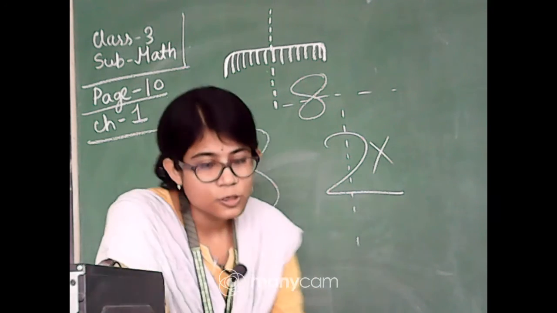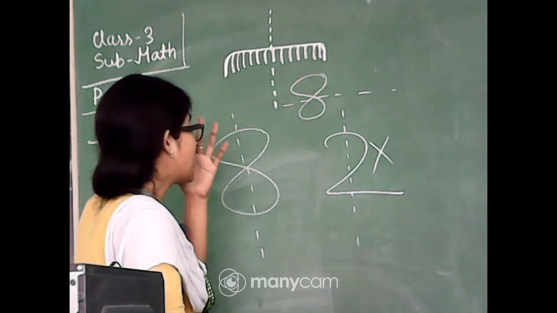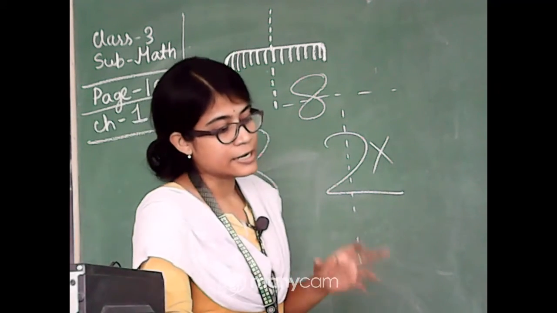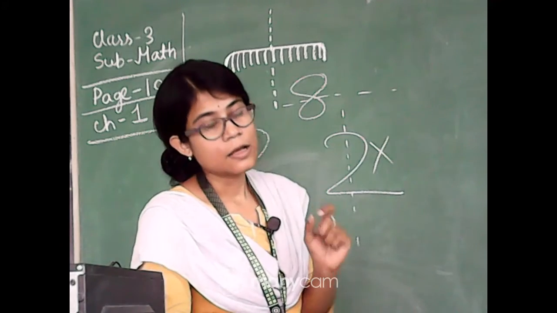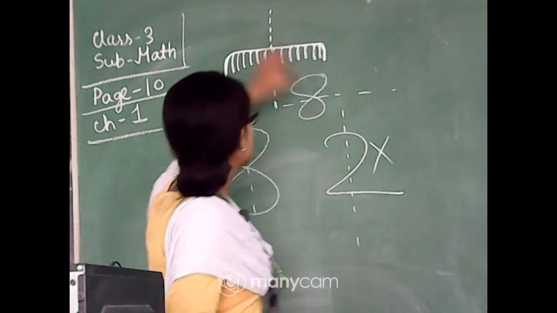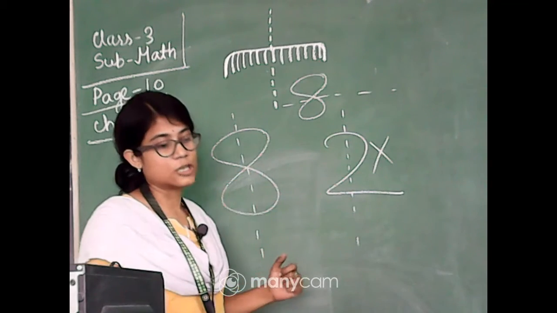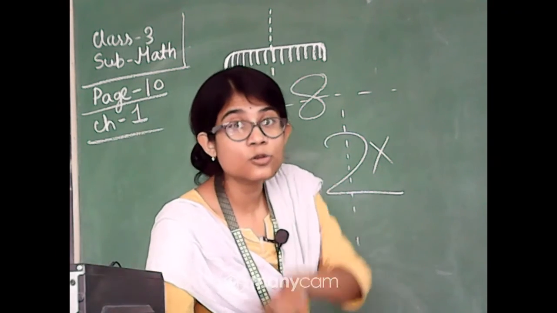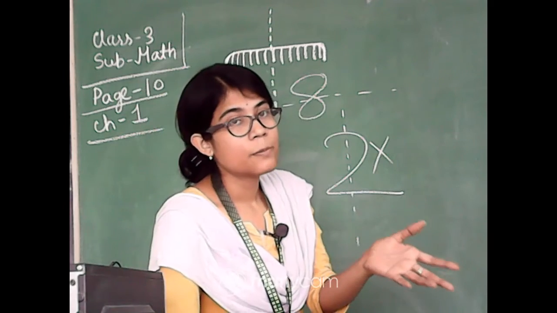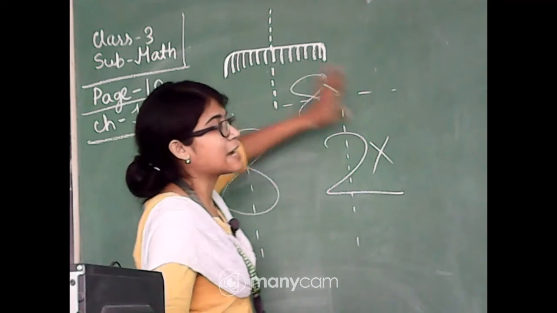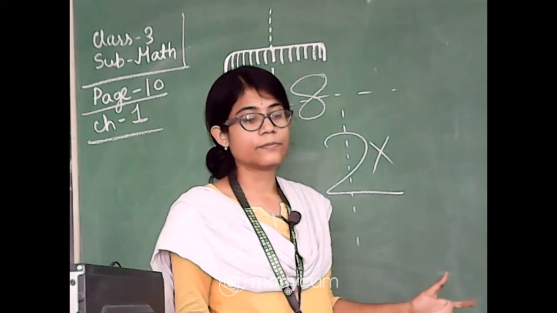No, Saptarshi, listen, beta. Shape means look at the instruction. Using a dotted line, you have to use these dotted lines to divide the picture, those that can be divided into two same halves, means this side and this side both will look the same.